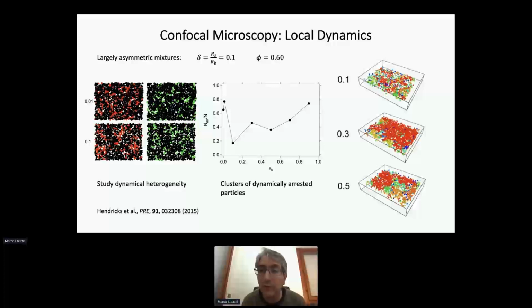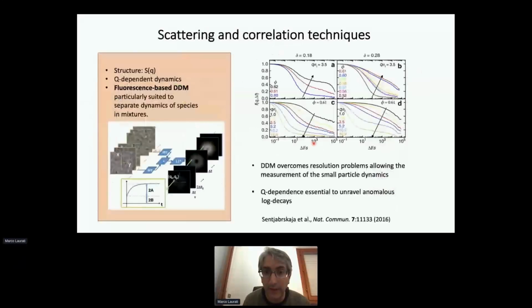We were able to see how the distribution of these clusters of dynamically arrested particles is very different, depending on the glass state that we are investigating. So this is what confocal microscopy can give us: both average information on structure and dynamics, and local properties.